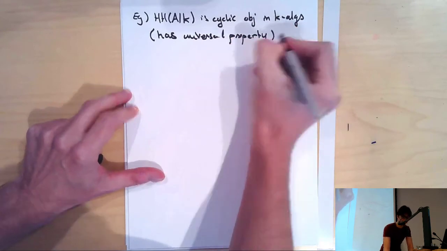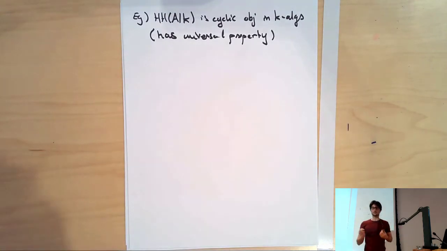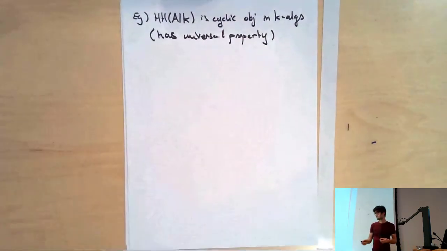So to be precise, if you look at all cyclic objects in K-algebras, and you ask that the underlying simplicial object consists of A-algebras, so you ask that the face and degeneracy maps are maps of A-algebras, but not that the cyclic permutations are maps of A-algebras, then this HH of A over K is in fact the initial object. So that gives a universal characterization of this Hochschild homology in terms of cyclic objects.